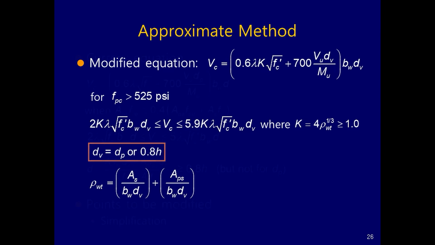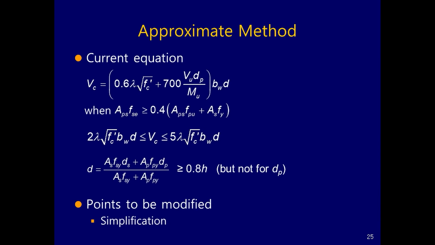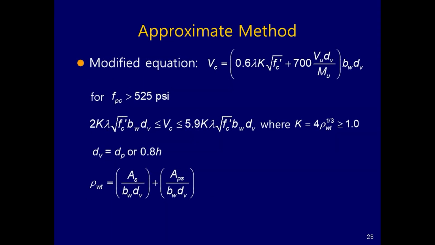And also d outside the parenthesis is simplified to be d_v instead of d. For d, you have to calculate the average effective depth for both prestressed and non-prestressed reinforcement, where the non-prestressed reinforcement has a profile. It's not easy. So d_v. Anyway, d should be greater than 80% of h. Conservatively, we can take 80% of h.